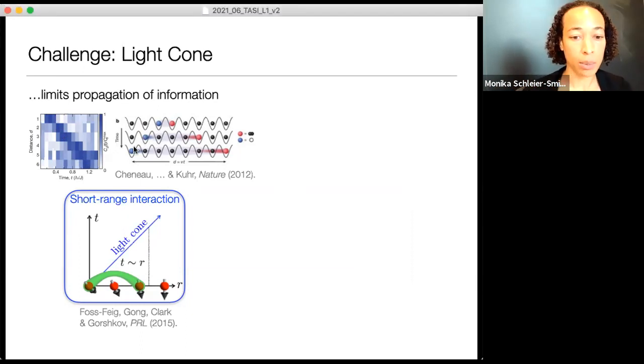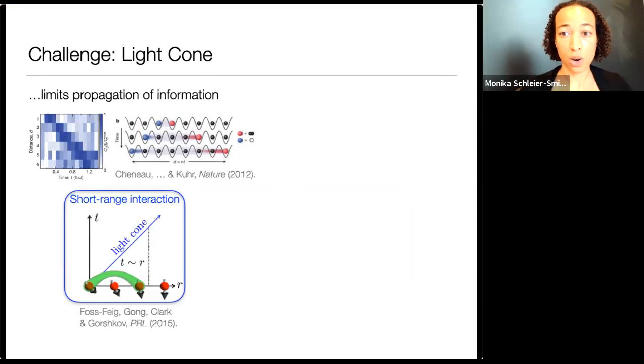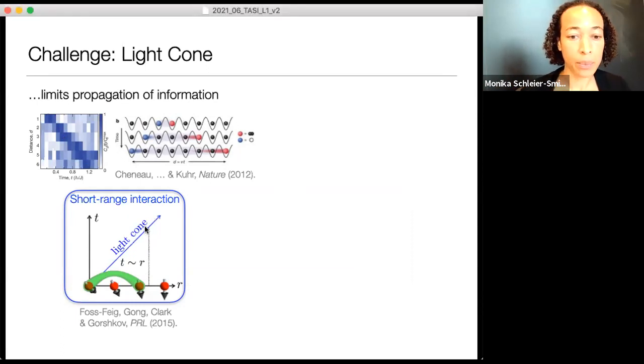If I have just nearest neighbor interactions, information can spread linearly in time. But I won't have information that can spread exponentially quickly over the entire system. This is, by the way, an actual experiment that was done measuring the so-called Lieb-Robinson bound on the propagation of quantum correlations in a system of atoms in an optical lattice.